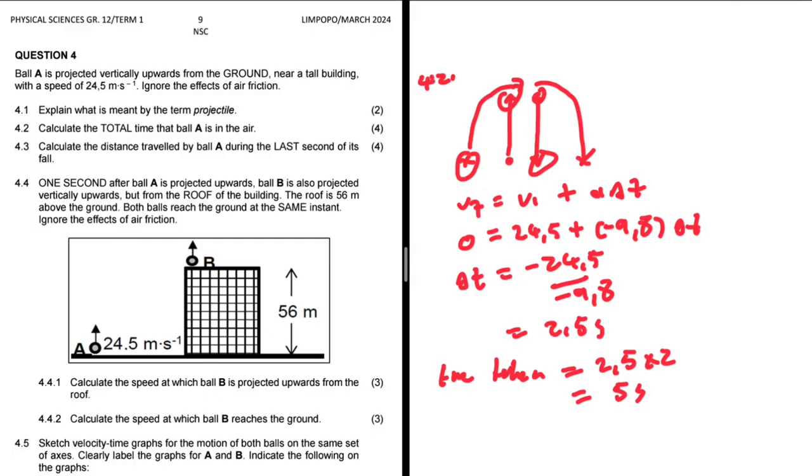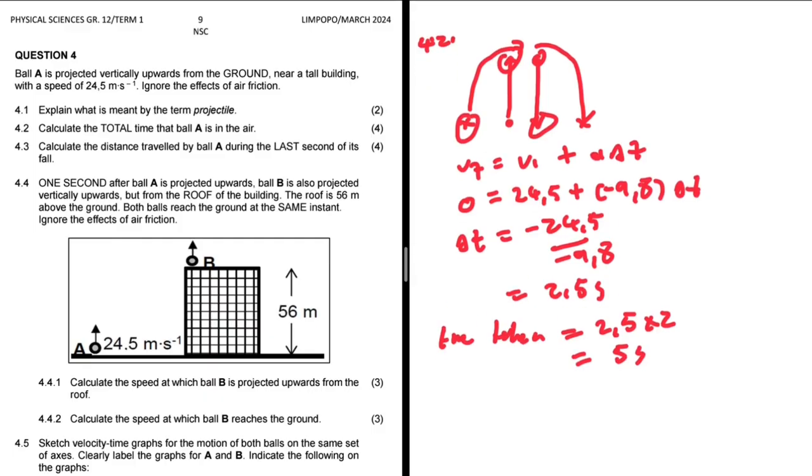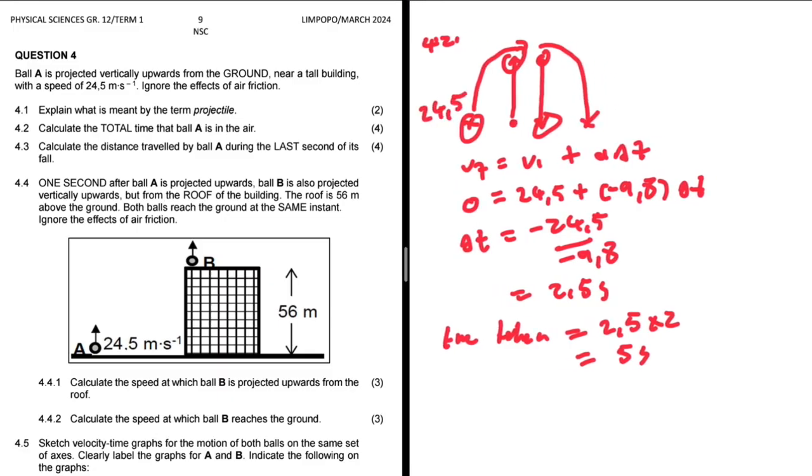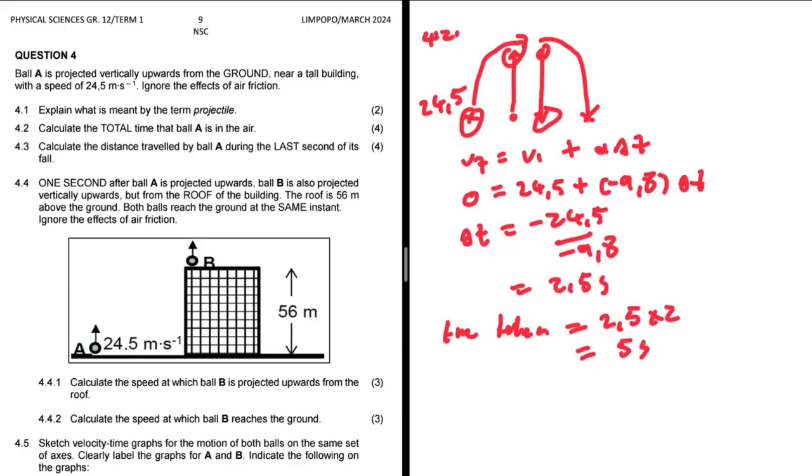That is one approach. Another thing that we talk about is that the velocity at which it was projected, 24.5, is the same magnitude at which it will pass that same point on its way down. But now it is going down, so when we substitute 24.5, we must put a minus sign, assuming up is positive.